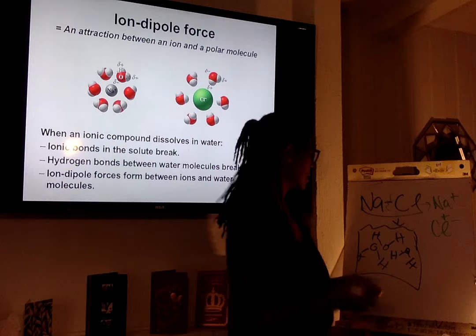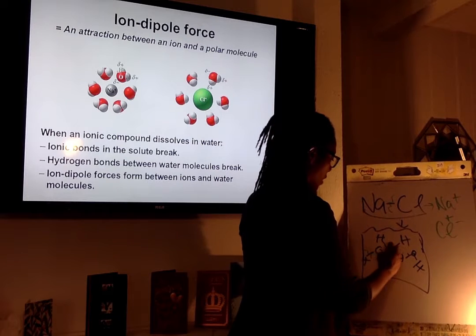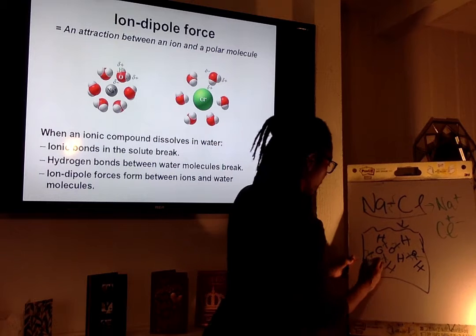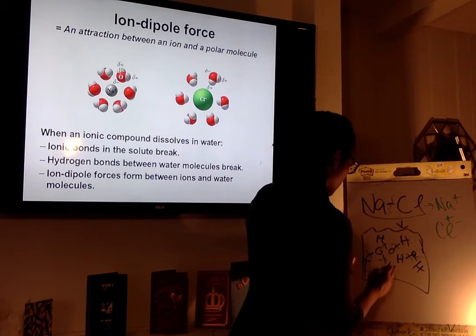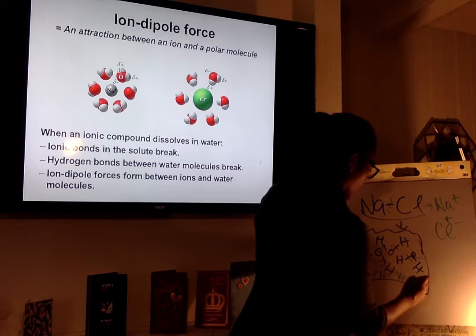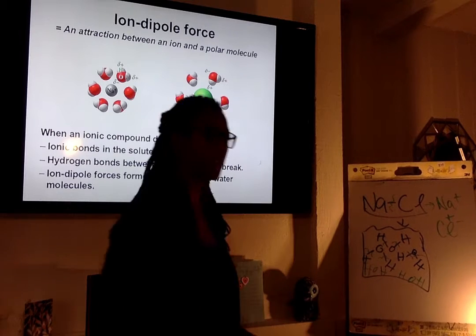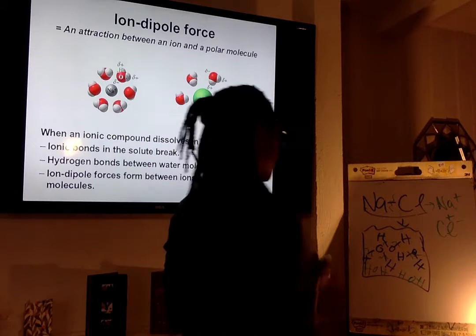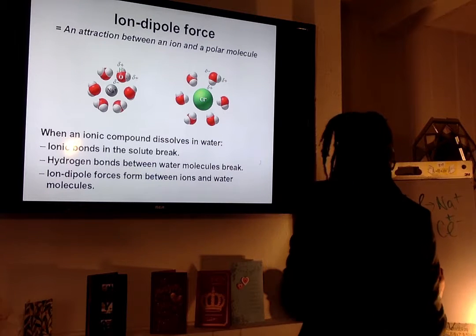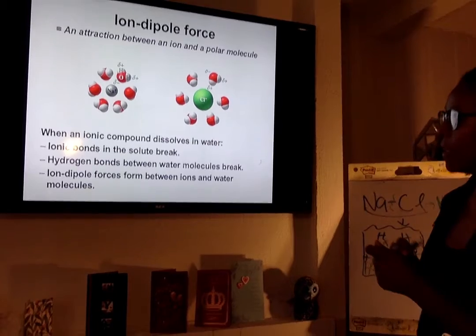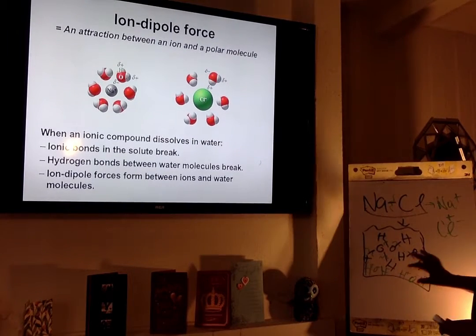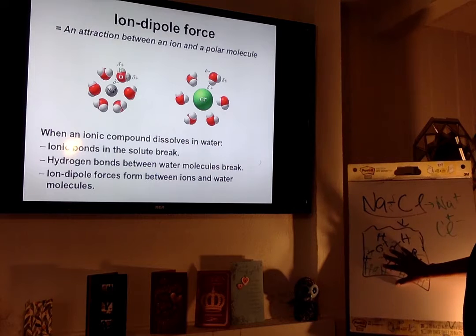So these bonds here break. Now you have all these little ions and water molecules floating around.